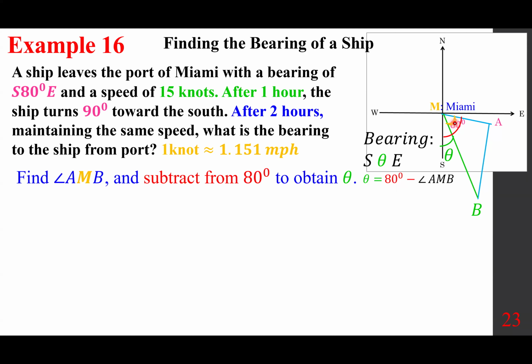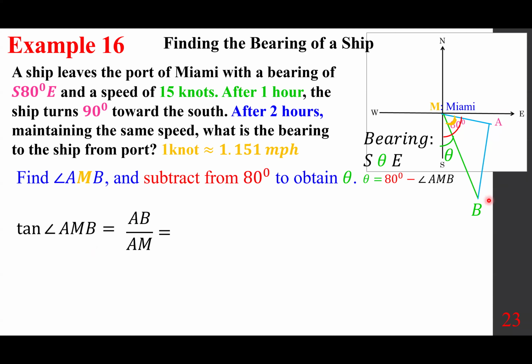Now, what is this? You can go with the tangent of that angle, which is the opposite AB over the adjacent AM. So what is AB? What is AM?